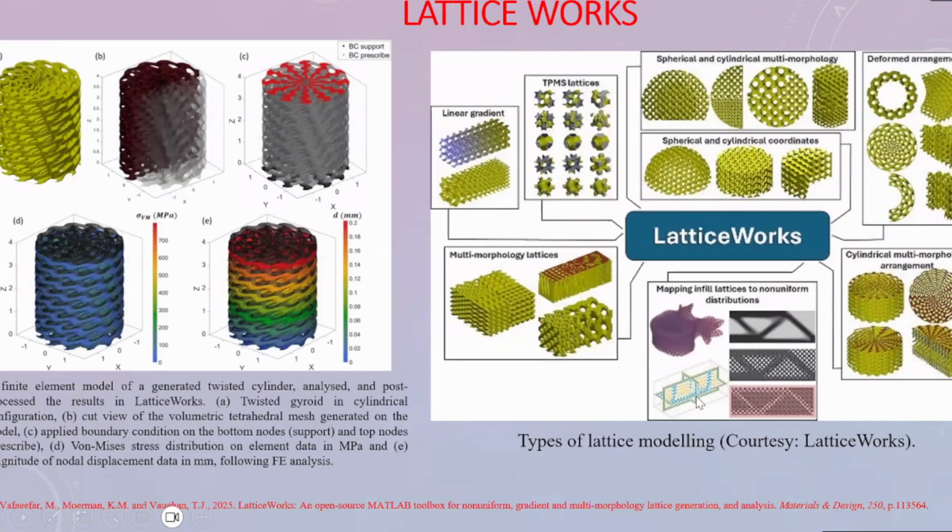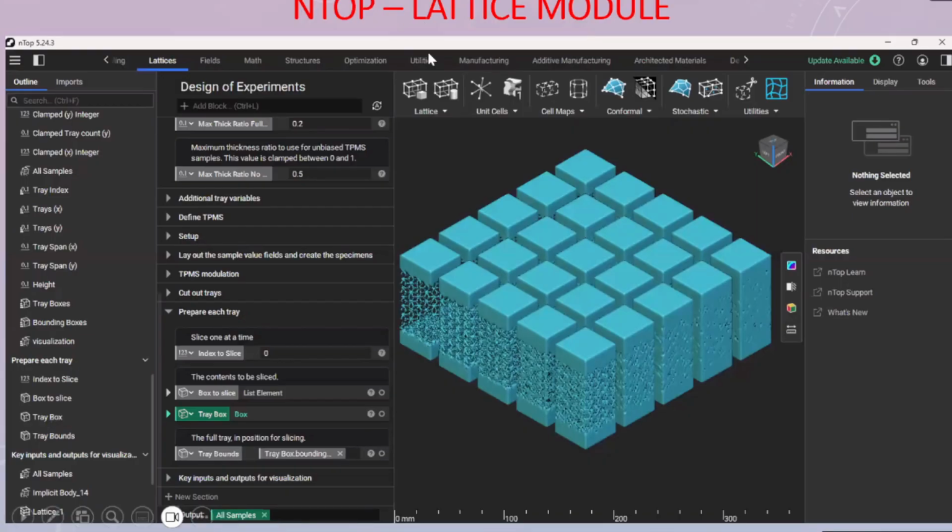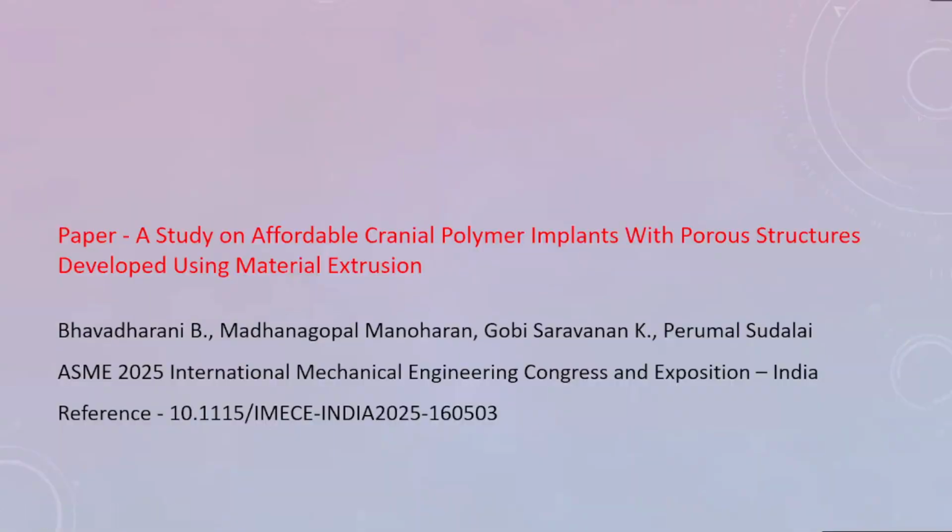Then you can incorporate a lattice structure using the code available in the MATLAB toolbox LatticeWorks. Or else you can also use software called nTop, where you can topology optimize using the tool called optimization. Then you can incorporate lattice structures according to your requirement. These two are much better.